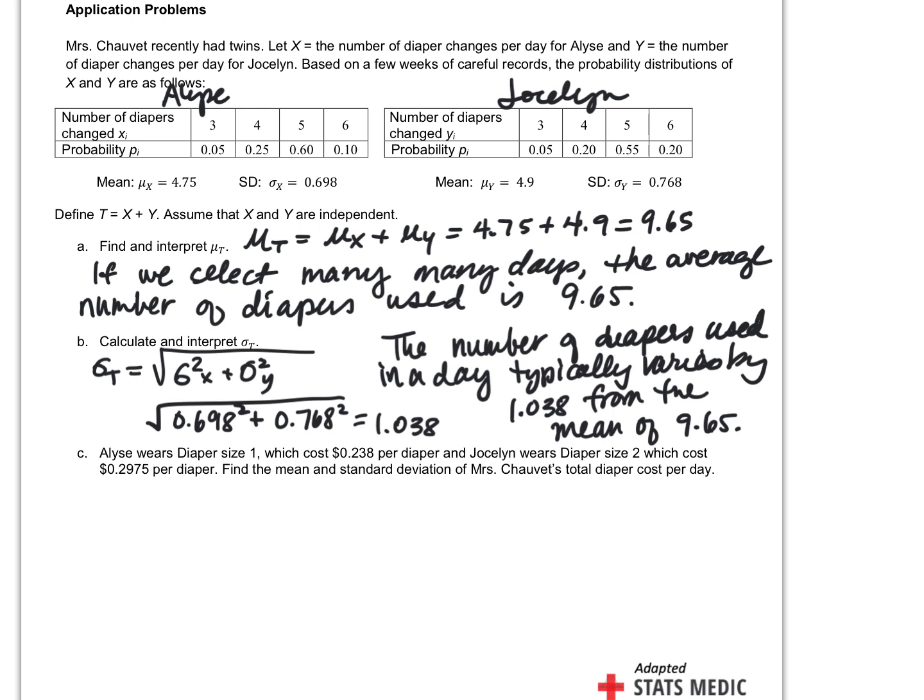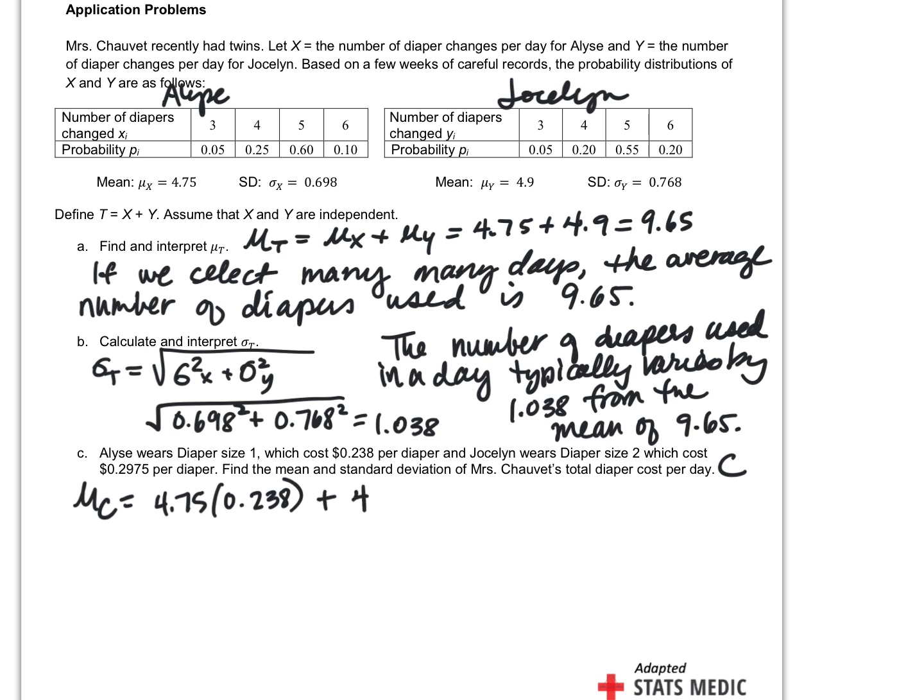So what do we say? We're going to call this C. The mean of C, the average cost of all said diapers. All right, Elise has 4.75 diapers in a day at 0.238 of a dollar. That would give me the mean for Elise. Then I need to do the same thing for Jocelyn.